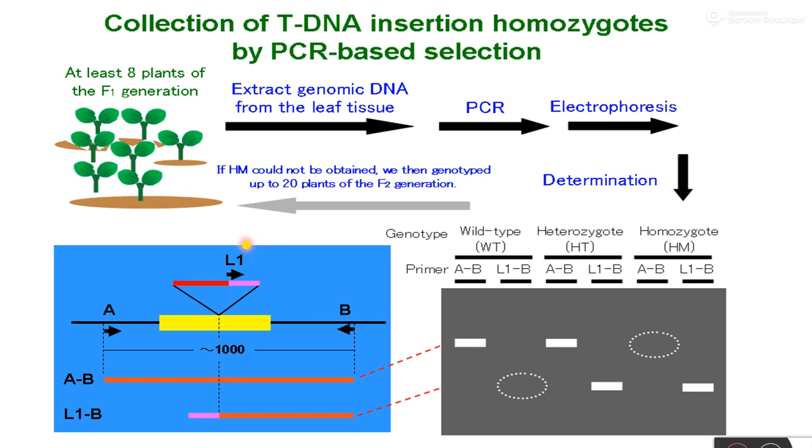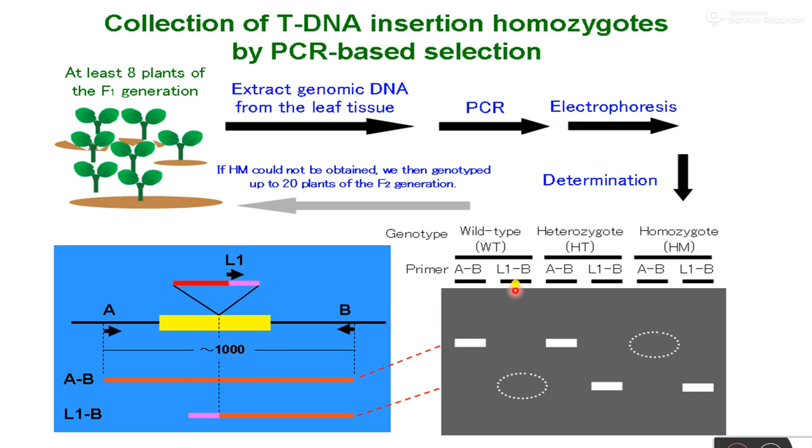Non-mutated means no tDNA has been inserted between the A to B region, right? So that's why by primer A and primer B, we will get the amplified product, and as a result of that we will get one band here.